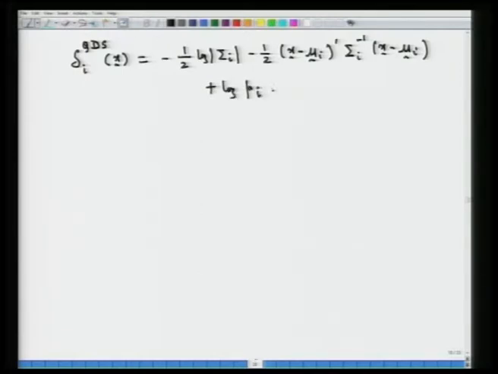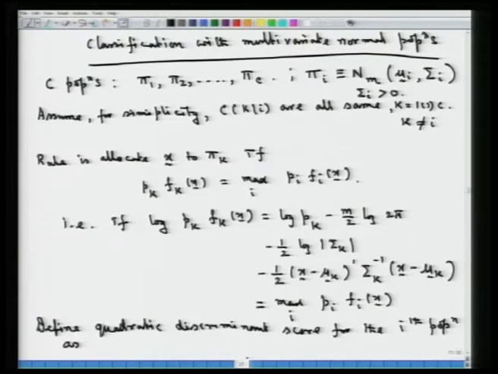Why do we define this as a quadratic discriminant score? Because in the log of p_k f_k(x), the 2 pi term is a constant which does not depend on p_k, sigma_k or mu_k, the characteristics of the kth population.